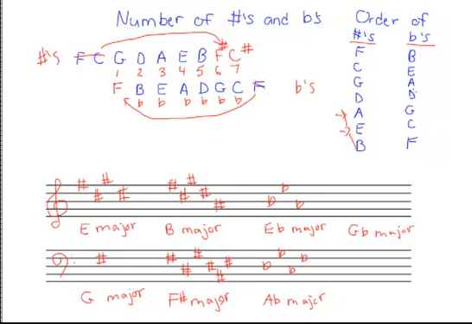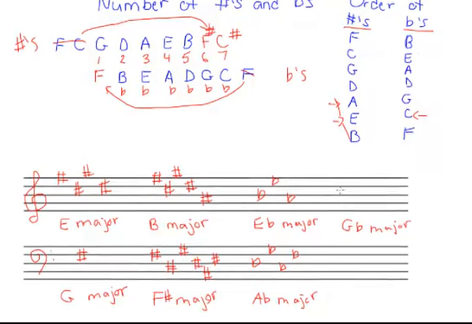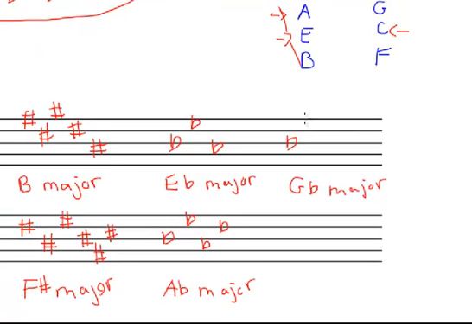Remember, Battle Ends And Down Goes Charles Father. So we take our first 6 and take us down to a C: Battle Ends And Down Goes Charles. So there is our G flat major key signature.